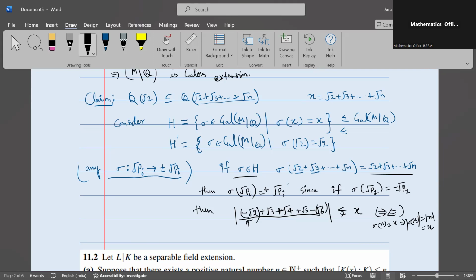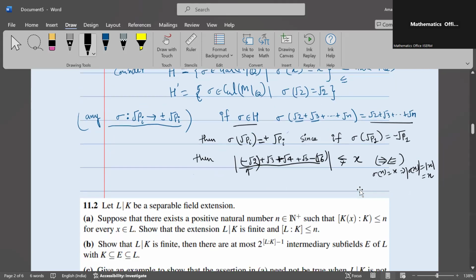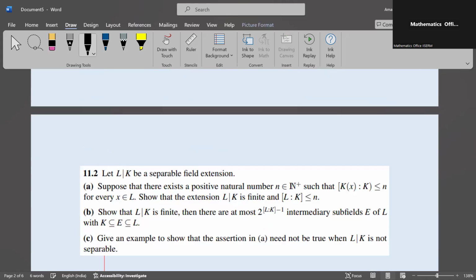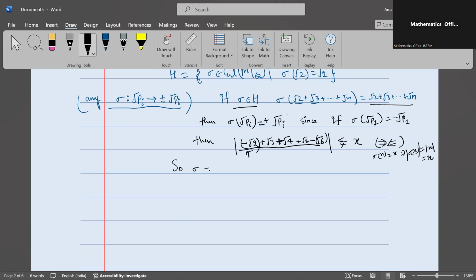So it is necessary that sigma is identity. Sigma is just identity on M.